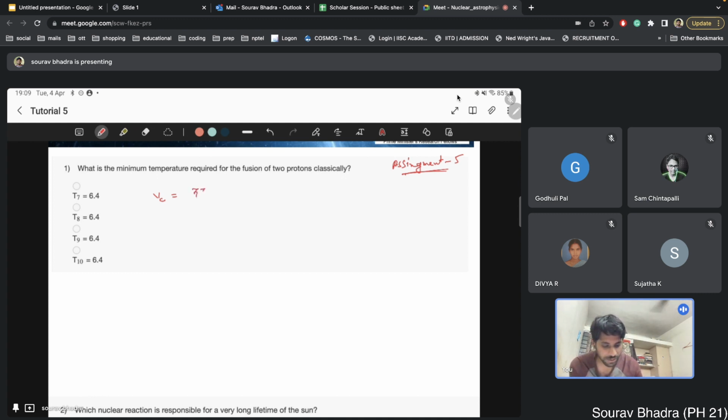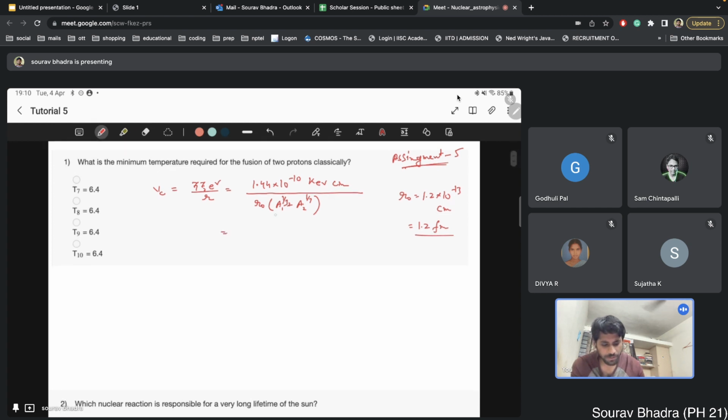So, Vc is Z1 Z2 e square by R, as you know, and Z1 and Z2 are 1 for our case, and e square you can write as 1.44 MeV femtometer. R will be R0 times A1 to the power 1 by 3 plus A2 to the power 1 by 3, and for two protons A1 and A2 are both 1. R0 I told you to remember, 10 to the power minus 13 centimeter, and in femtometer it is 1.2 most probably.